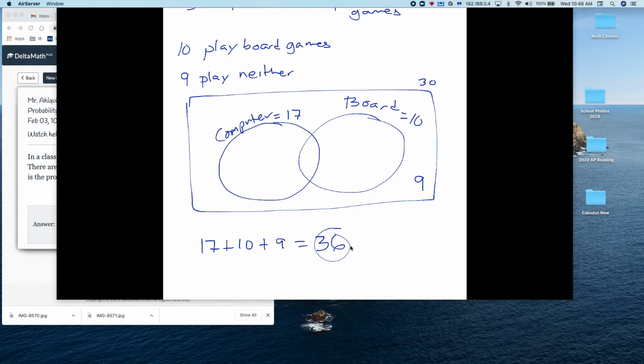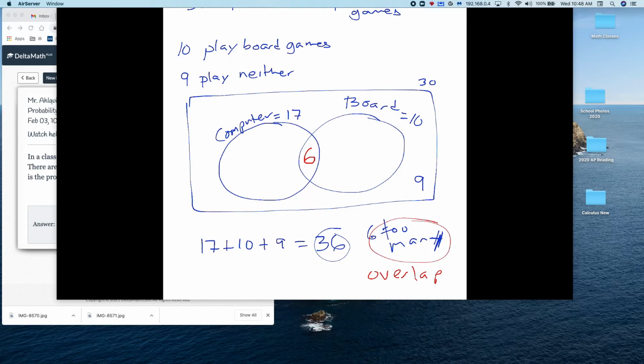That means we have 6 too many, so we need to account for that. That means 6 students overlap in here. So that piece right there is the overlap, the 6 students.